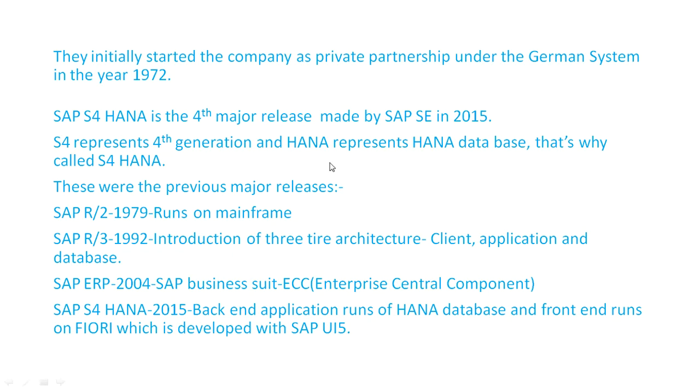The first generation of SAP software ran on a mainframe computer. So let us understand what a mainframe computer is. Software has always to be installed in a computer system, then only it will work. But in 1979, a kind of computer was there which was called the mainframe computer.